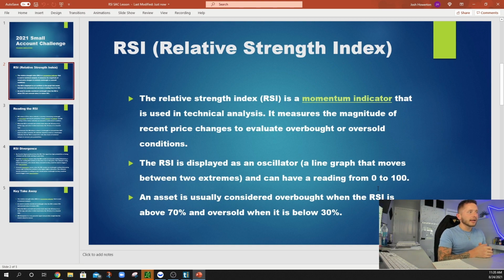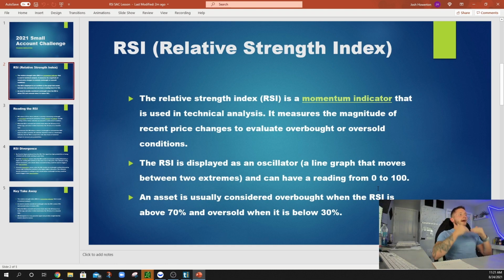So a stock, an asset, whatever you're looking at, it's usually considered overbought when the RSI is at 70 and above, and it's considered oversold when it's at a 30 or below, right? So again, it's an oscillator that uses a line graph that moves between two extremes, from a low of 0 to a high of 100.